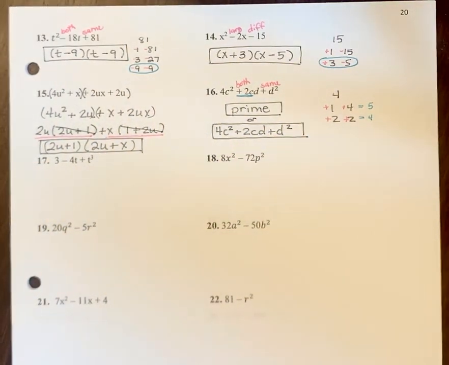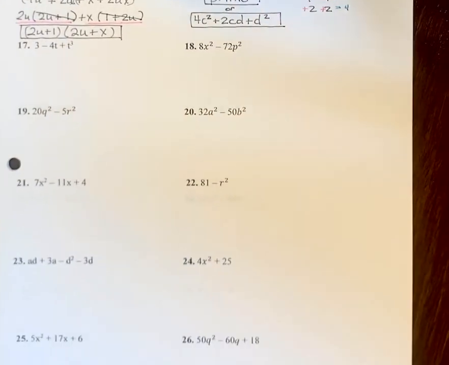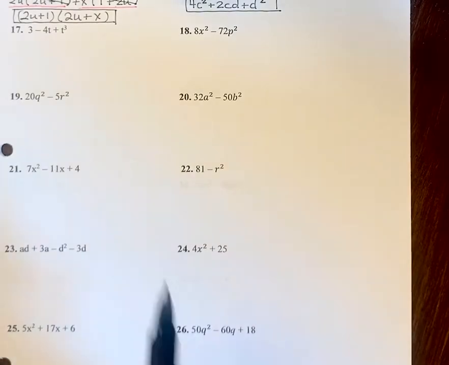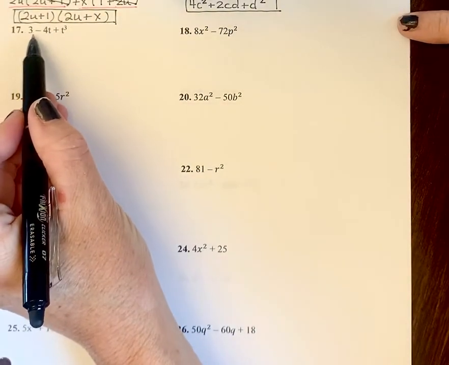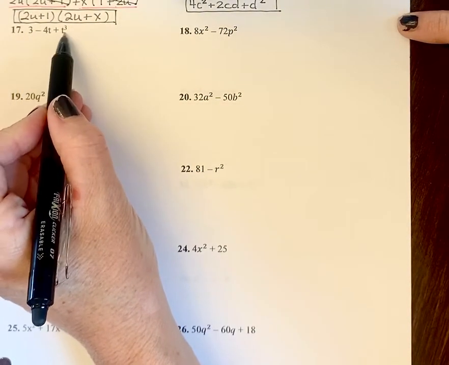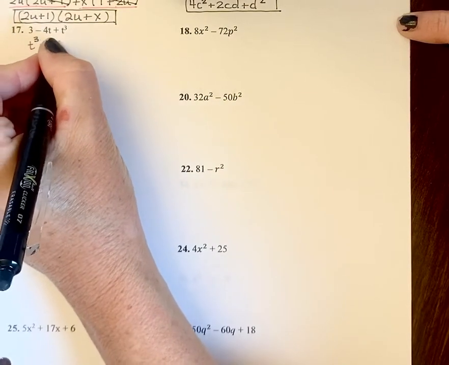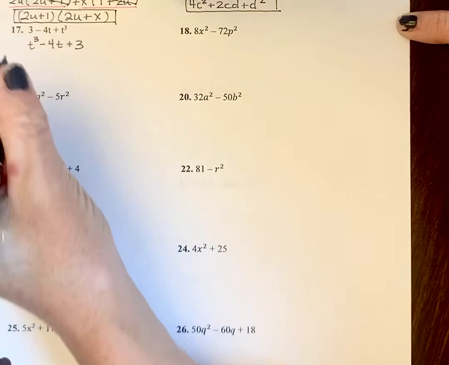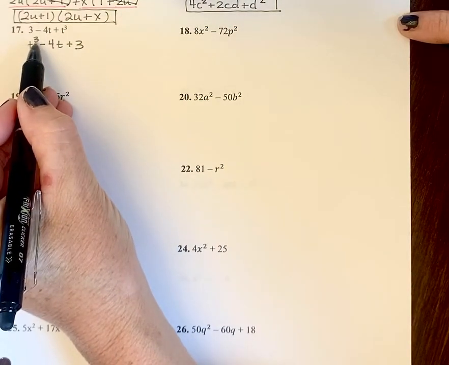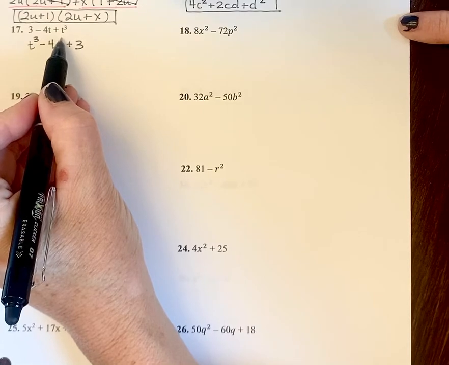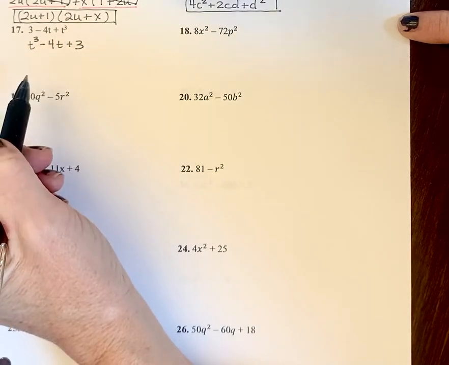Okay, let's go to number 17. It is a trinomial. And if you look, it's not in descending order, so I'm going to go ahead and rewrite this in descending order. Remember, descending order is whenever you look at the exponent of the variable, the largest exponent goes first, and then it goes in descending order.